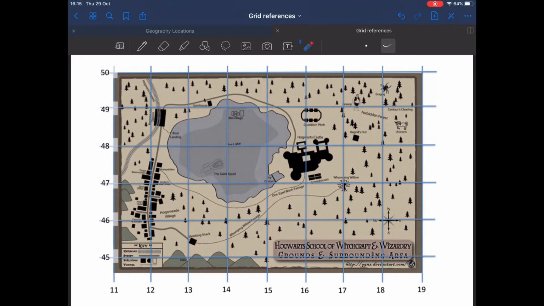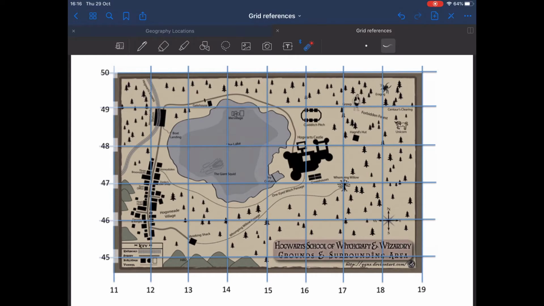Now these lines that go down we call eastings, okay, and the lines going across we call the northings. And the reason for that is it shows us how far east and how far north different things are on our map. And if we wanted to identify a square where something was, we could use a 4-figure grid reference.